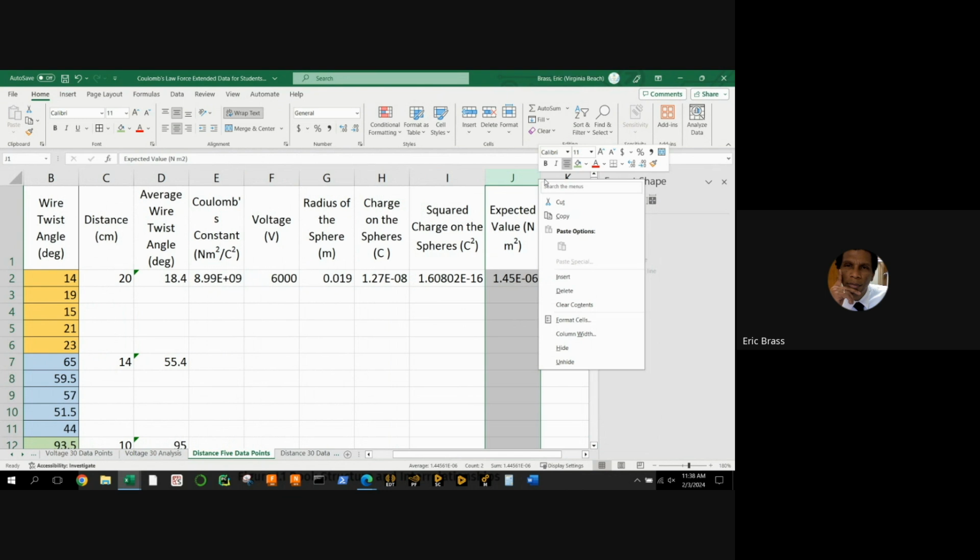So the first one was newton over 1 over meter squared. Nope. It was a newton meter squared over coulomb squared divided by 1 over meter squared.